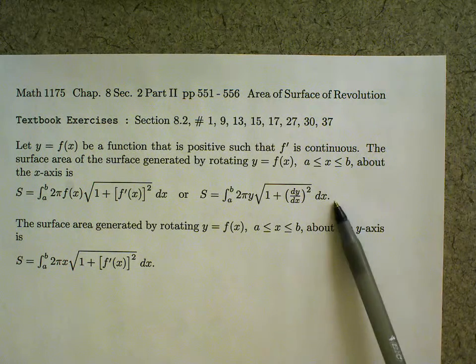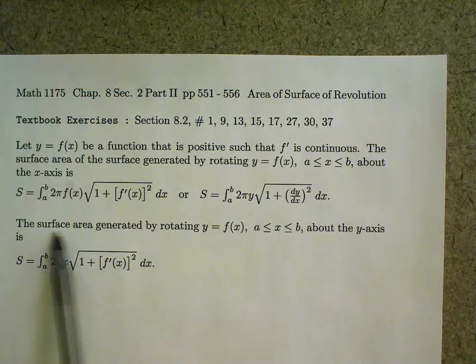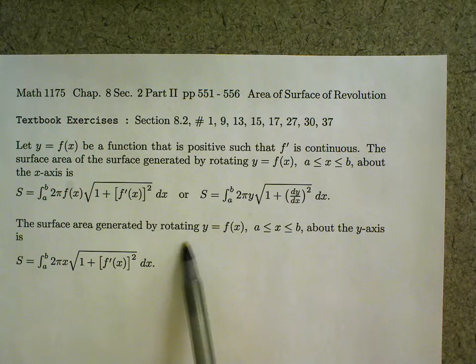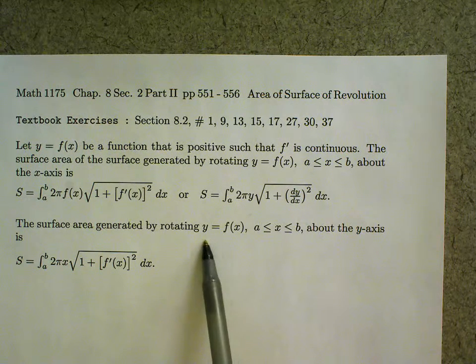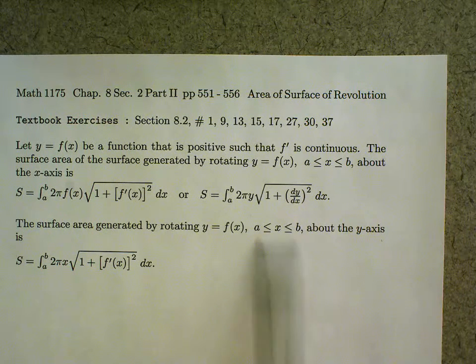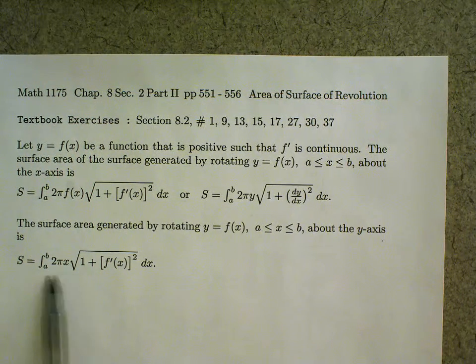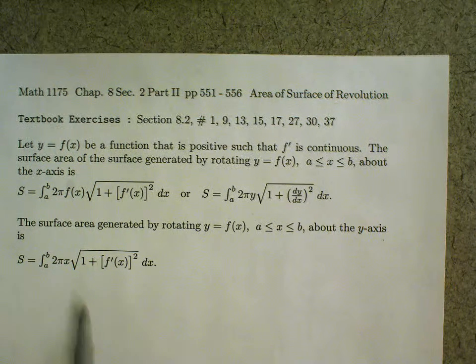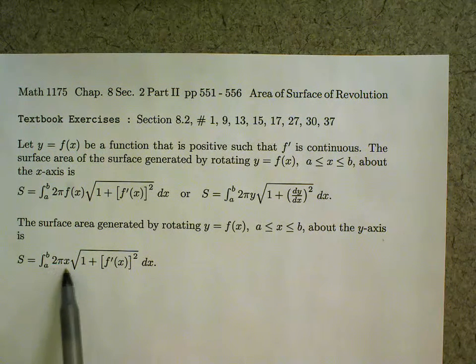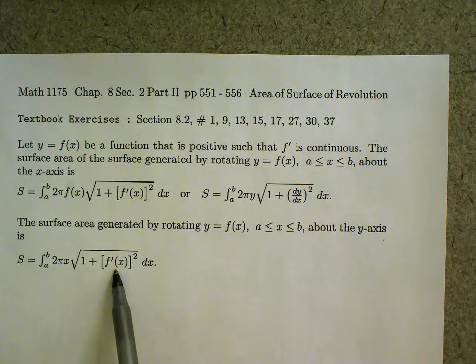Okay, but this is rotating about the x-axis. If we want to find the surface area generated by rotating y equals f of x about the y-axis for values of x from a to b, then we have to use this formula, the definite integral of 2 pi x times the square root of 1 plus the square of f prime of x dx from a to b.